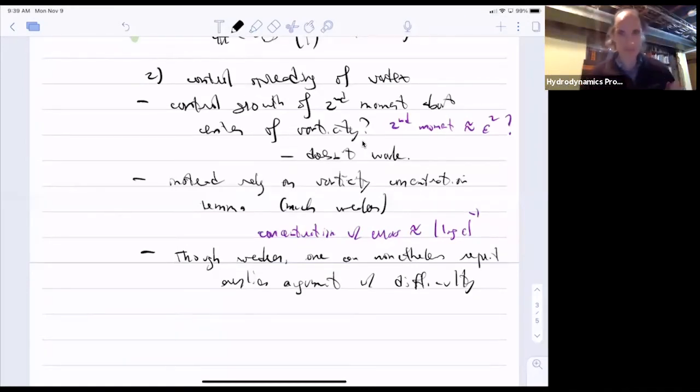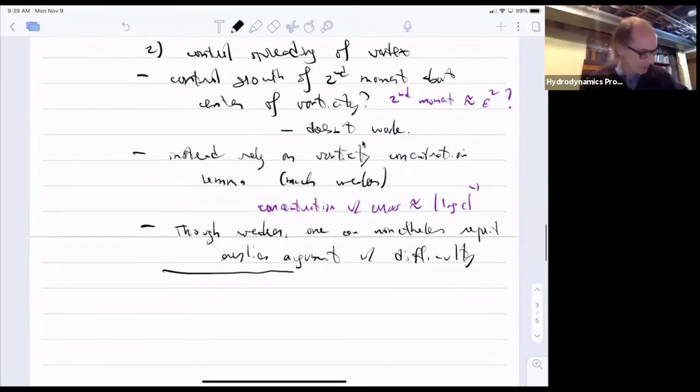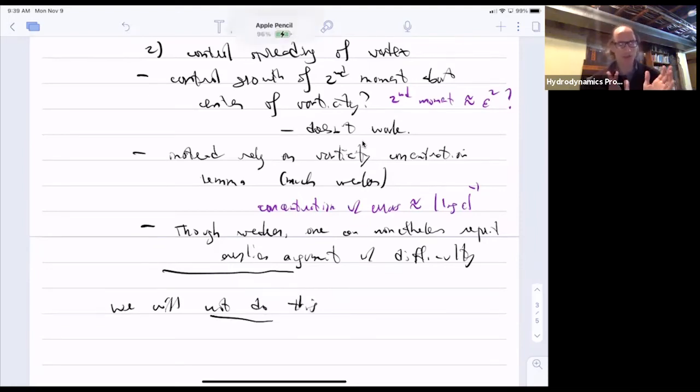We can imagine spending a week or two and supplying those details. But instead, I had to move on to a different topic. So we will not do this. But the point I want to make is, one point is that we already understand this whole field well enough that we can see what the issues are, what you have to do to prove it, and the kinds of things you have to confront.